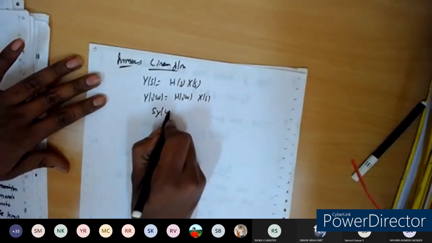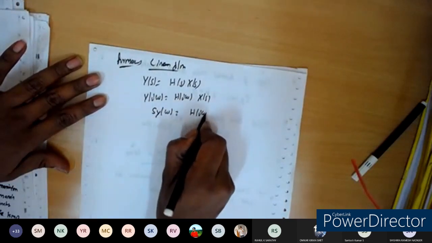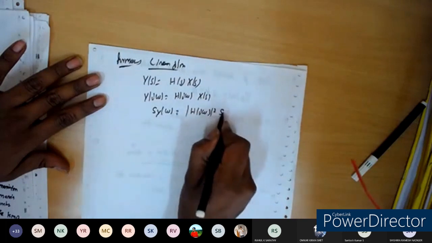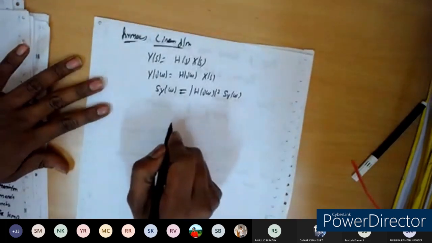Similarly, the power spectral density is given as the magnitude squared of H(j omega) times Sxx(omega), that is, Sx(omega).